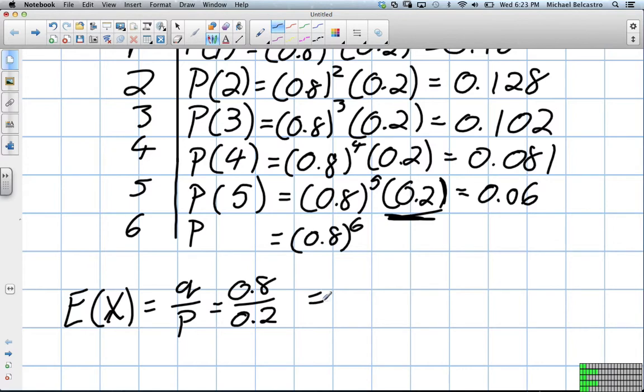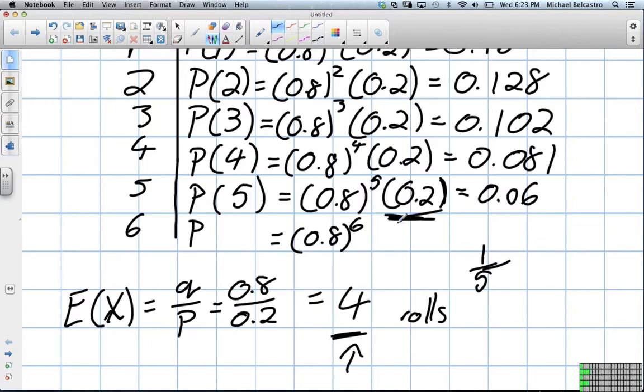Dividing, that gives us 4. Remember we said you had a 1 in 5 chance, so your expected wait time is 4, let's say 4 rolls of the 5-sided die. We have our 4 failures, and then on our 5th roll we get our correct answer. Those are all of our probabilities.